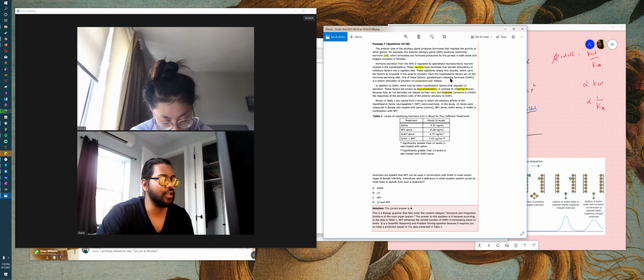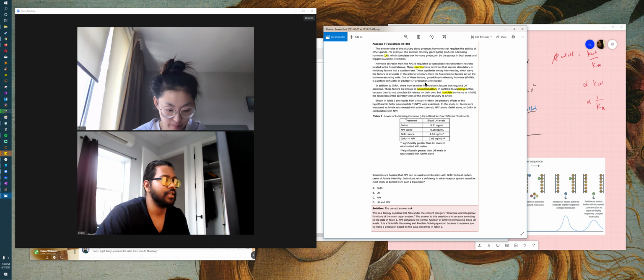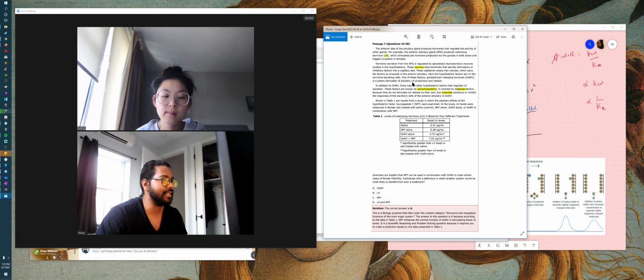Imagine we're gonna break something. Let's say someone had a deficiency in LH. You can still fix that by adding GnRH, because that's what stimulates the LH in the first place.